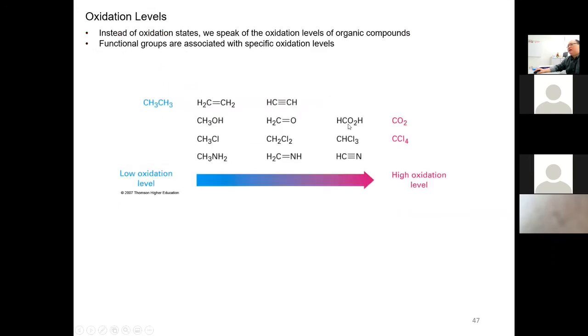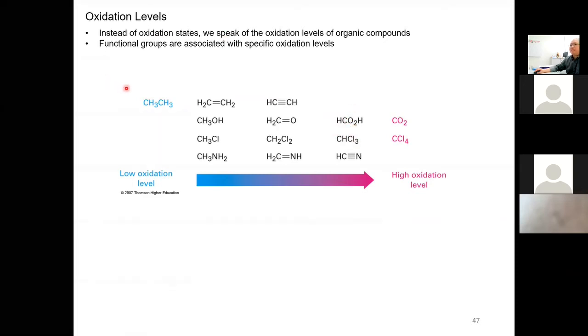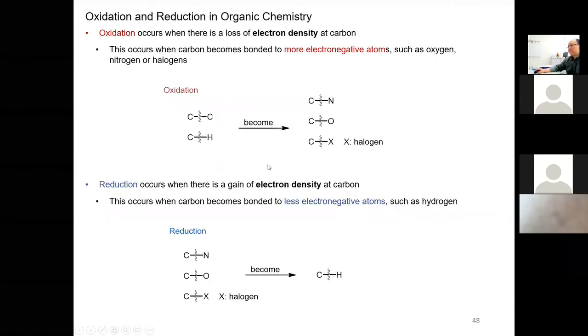What does that mean? It means if this carbon bonded to a lot of oxygen or chloride becomes ethane again, or becomes bonded to a smaller number of electronegative atoms, we say it's a reduction.